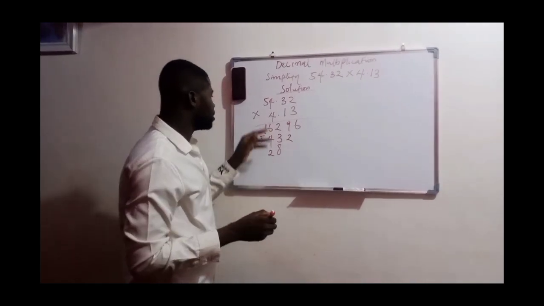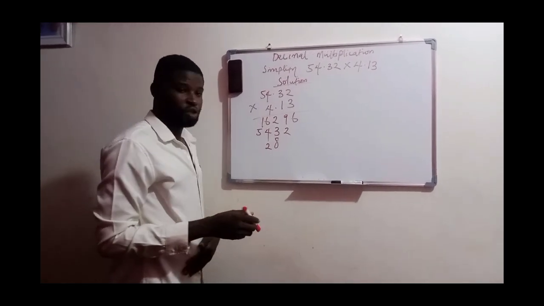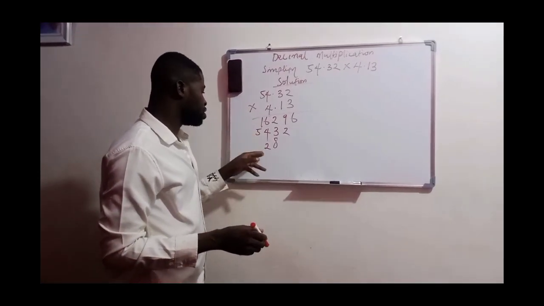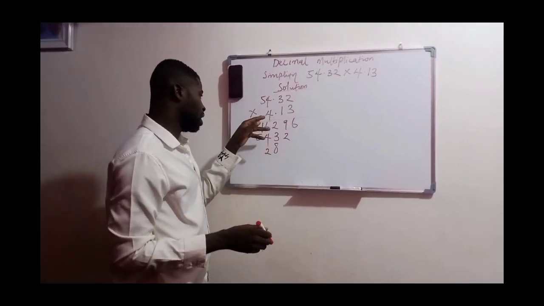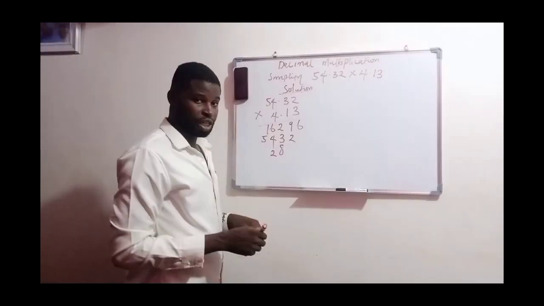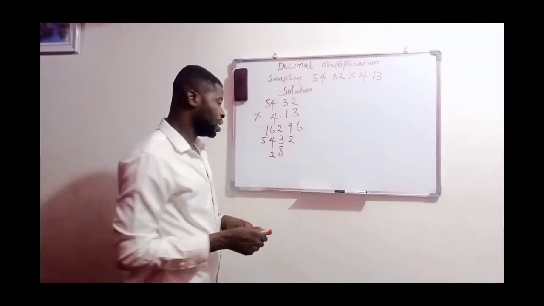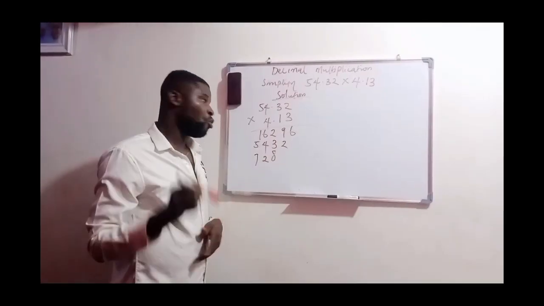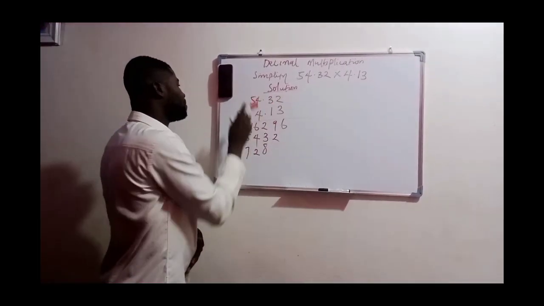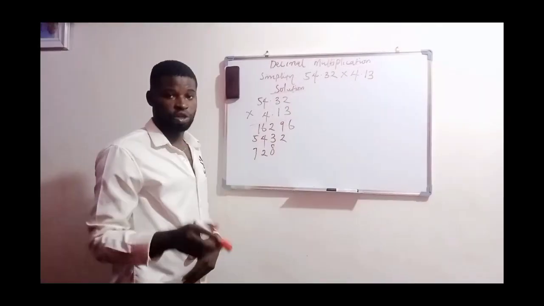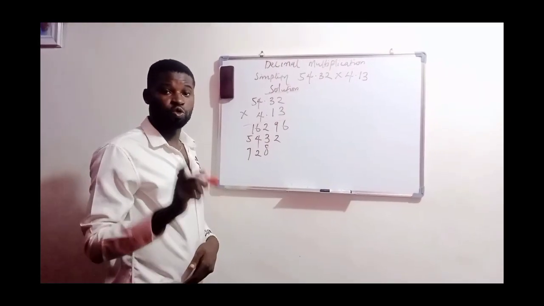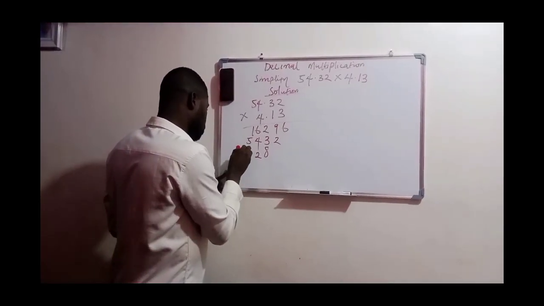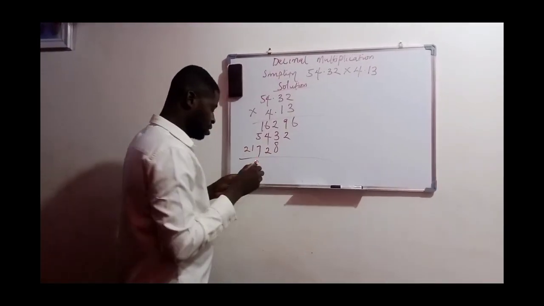Now we go again. 4 multiplied by 4 will be equal to 16. 16 added to 1, which is the remainder from 4 multiplied by 3, it will be 17. Now you write 7, remainder 1. 4 multiplied by 5 will give us 20, plus the remainder, which is 1, it will be 21. You write 21. You draw your line.